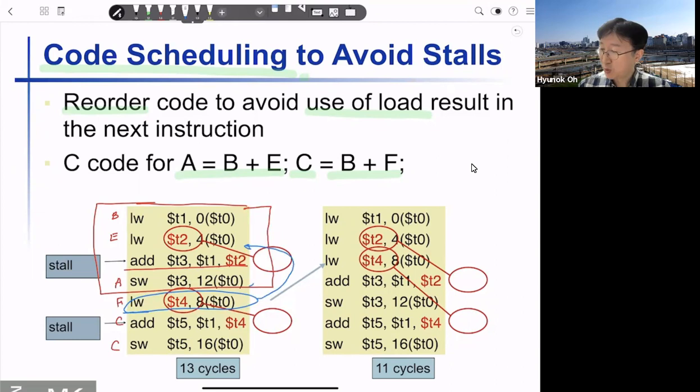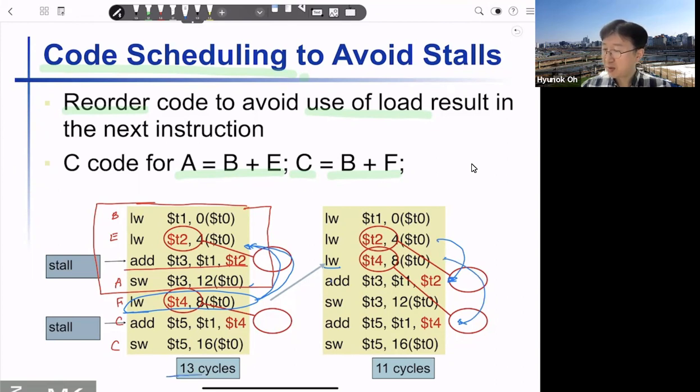If we move it earlier, there is no bubble, because there is no dependency.